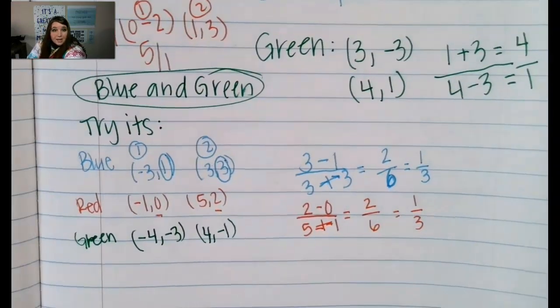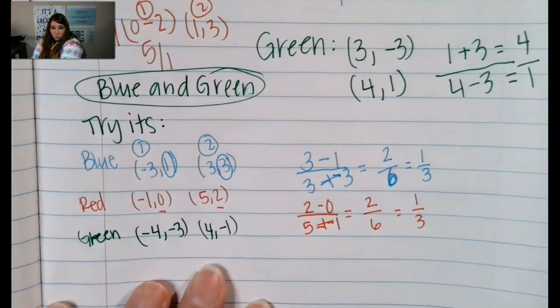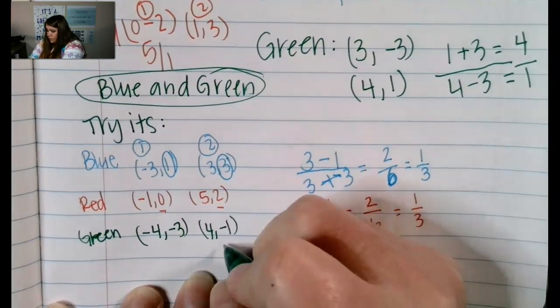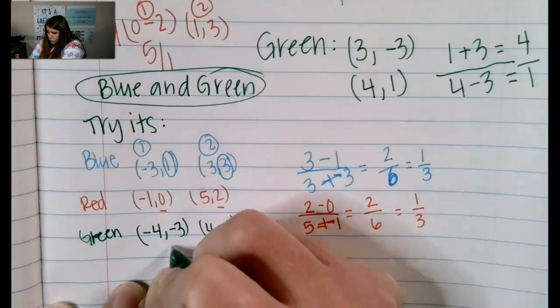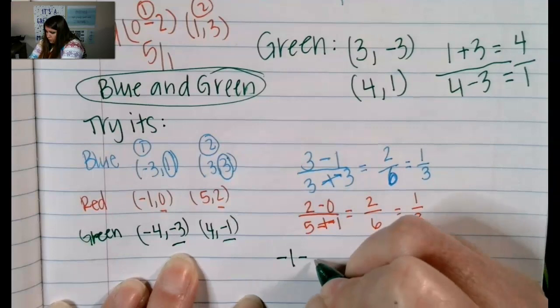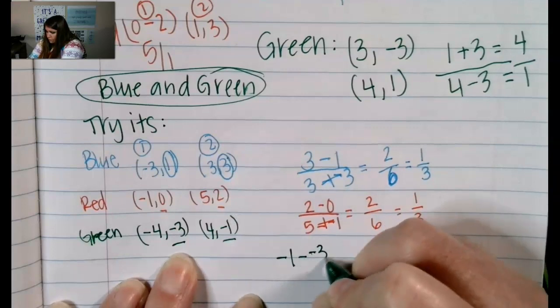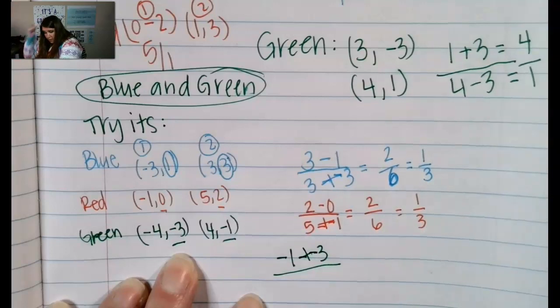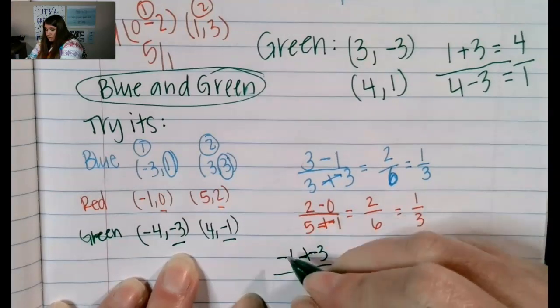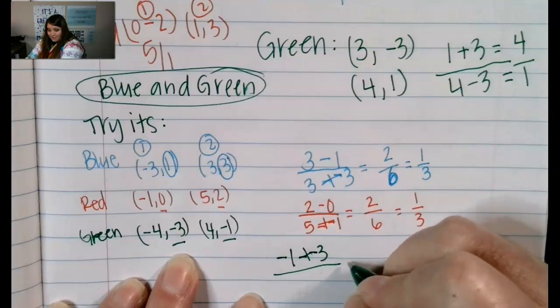Let's check green and see if that one is parallel as well. So we're going to start with the green, negative 1, and then the y of point 1 minus negative 3. Again, those add. So negative 1 plus 3.